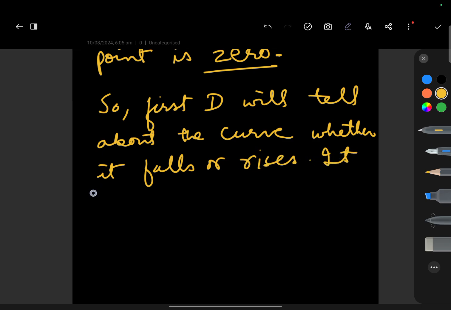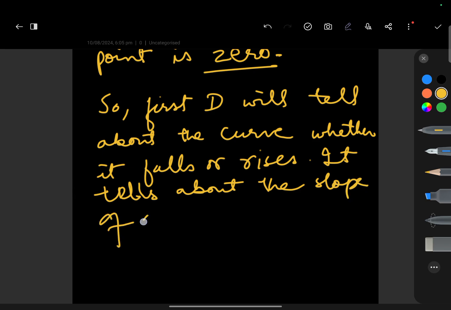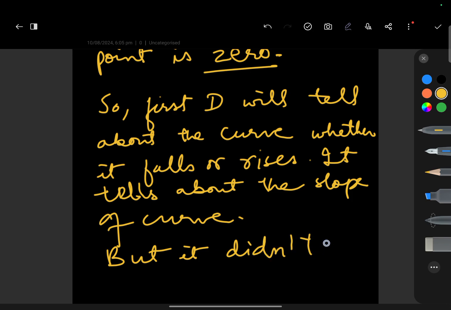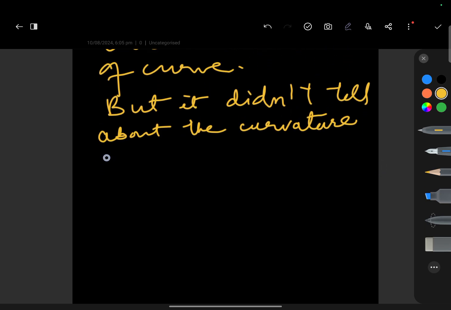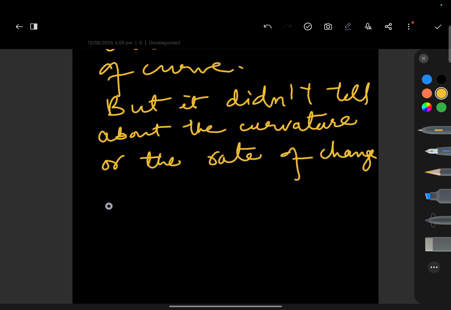It tells about the slope of the curve, but it doesn't tell about the curvature, meaning whether it is convex or concave, or the rate of change. For that we need to study the second derivative.